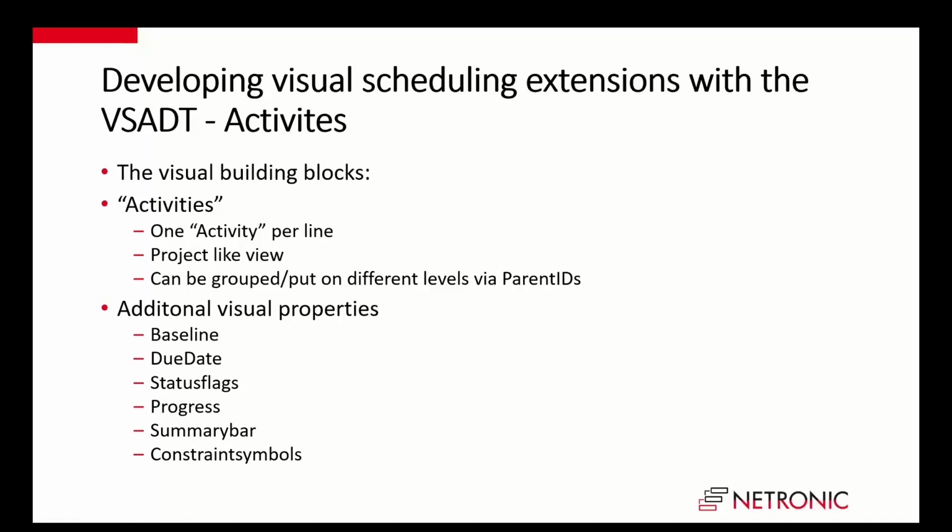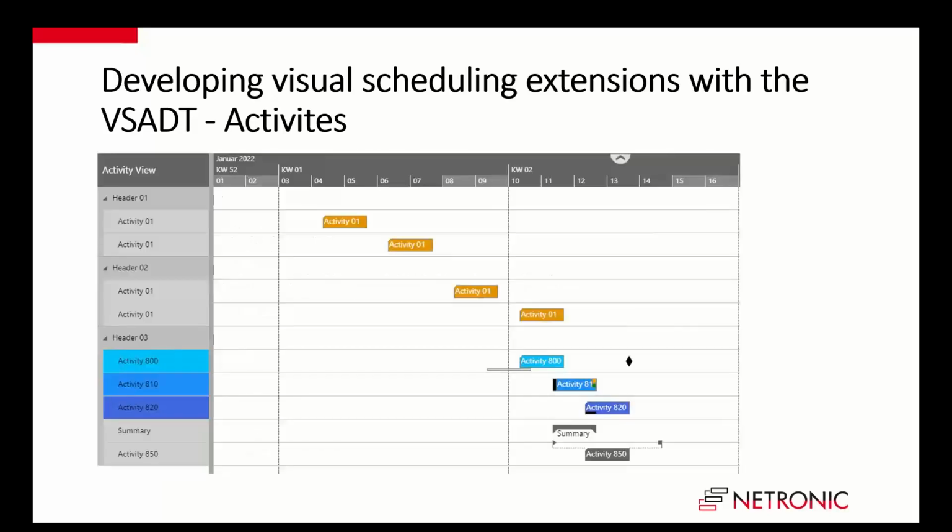An activity is something you would like to do, and we show them as one activity per line in an activity view. Maybe I go to the next board and then you can understand it quite nicely.